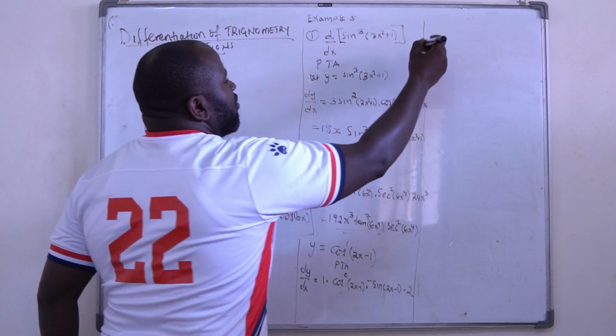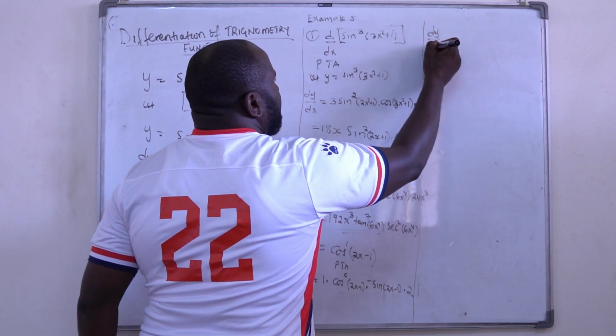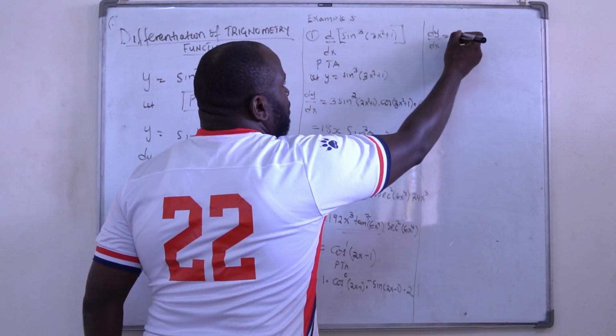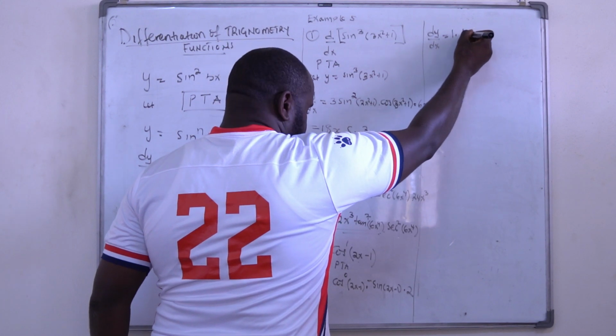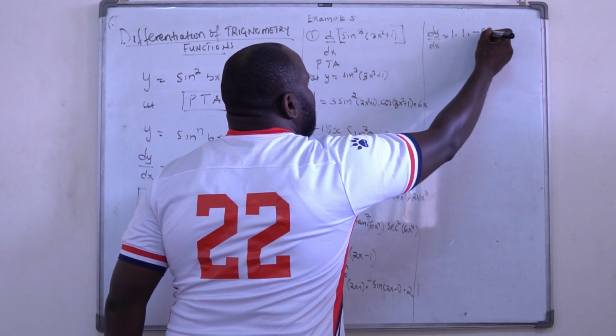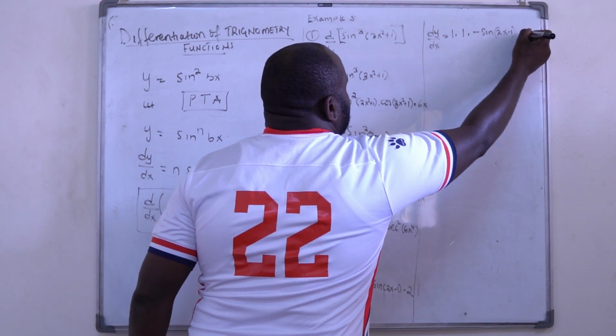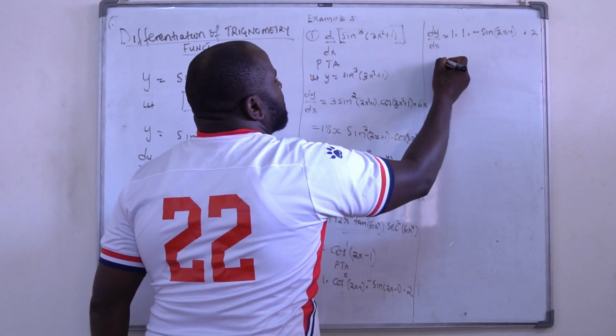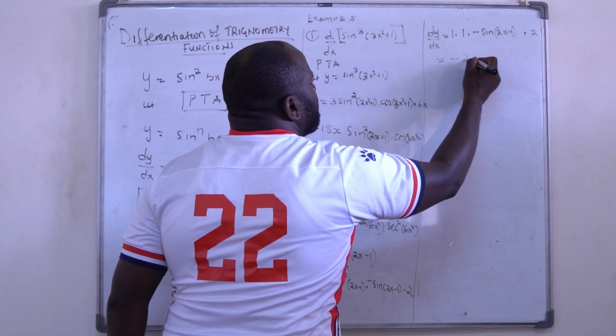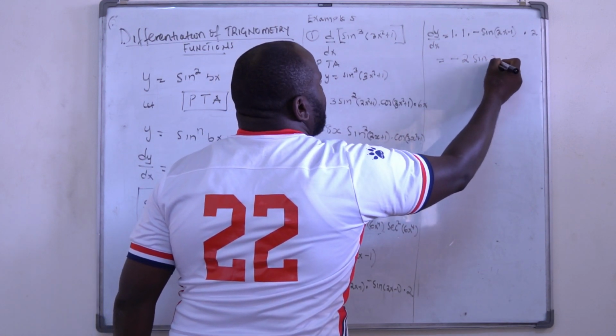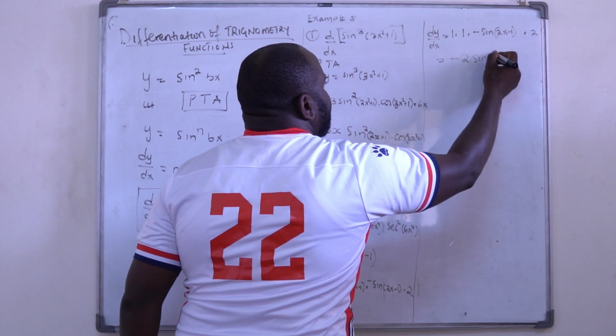So the result will become dy dx is equal to 1 times 1 times a negative sine of 2x minus 1 times 2. So the final solution will become a negative 2 sine of 2x minus 1.